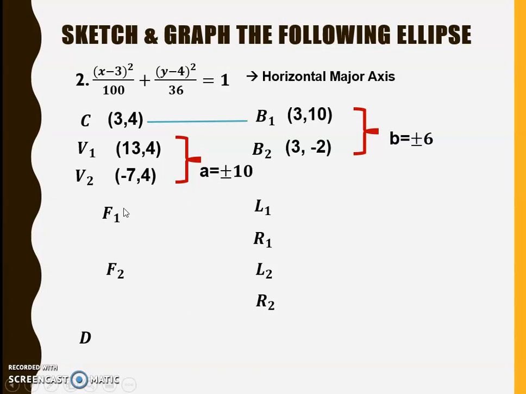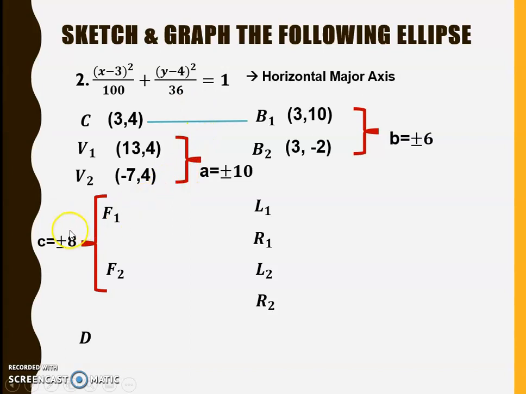Remember, a while ago, the formula for solving for c is the square root of a squared minus b squared. So, 100 minus 36 is the square root of 64, and the square root of 64 is plus or minus 8.